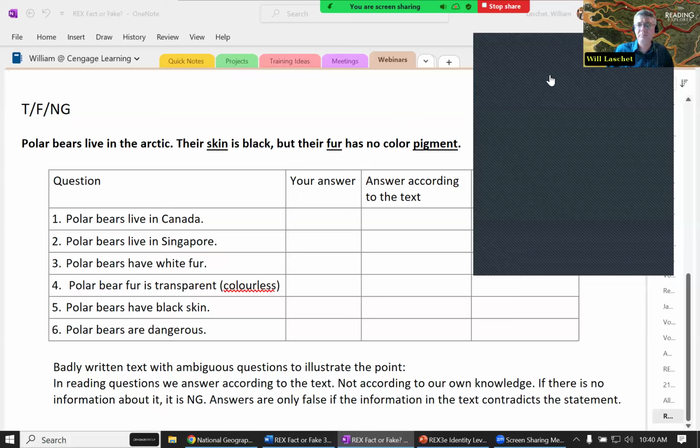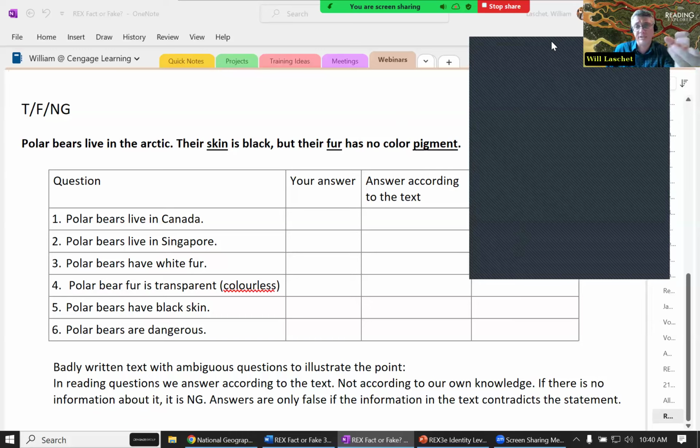Now this word pigment, we'd probably need to explain. So pigment is like a substance or a chemical which we find in our skin and in our hair, which makes it that color. So if you have black hair, you have black pigment in your hair that makes it black.